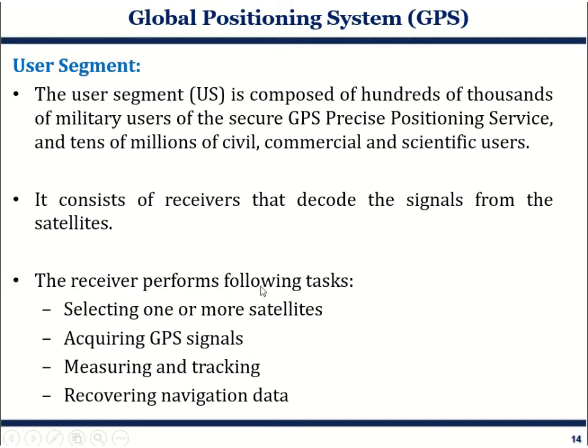The receiver will select satellites, maybe one, maybe two, maybe more than two. It will acquire a GPS signal, which is used for measuring and tracking and then recovering the navigation data. This is how the user segment will work and the global positioning system will be implemented.